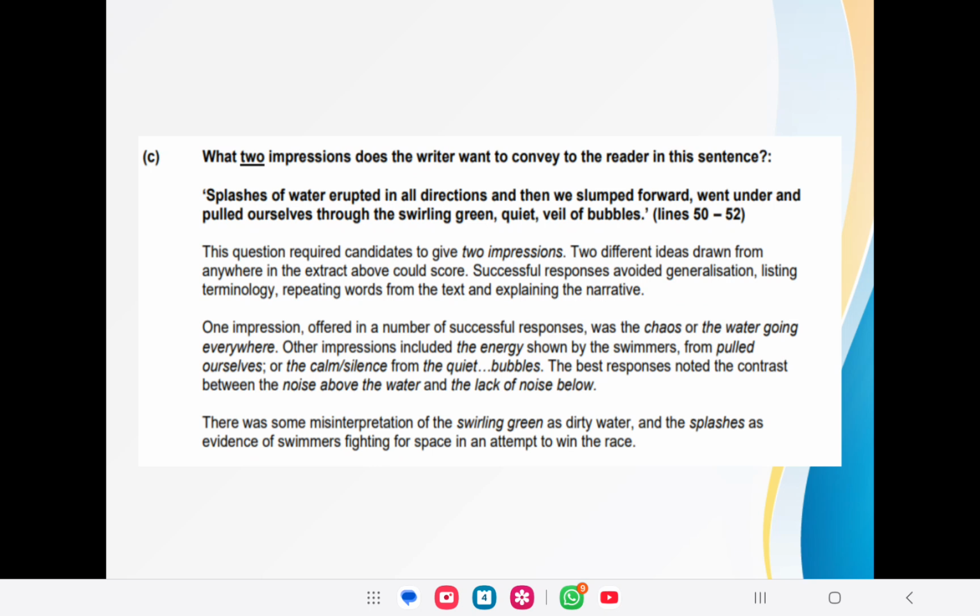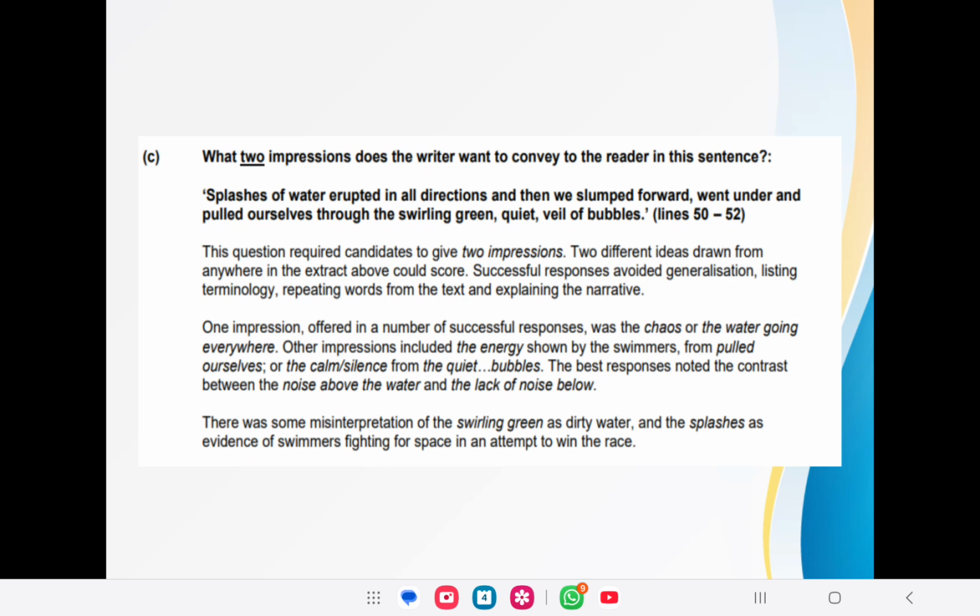If you are going to explain the word erupted, or you are talking about the impression of quiet, or the impression of slumping forward, any such impression, and you are using those words from the text, it is very difficult to get marks, because you are generalizing things from there and you are copying the words from the text.